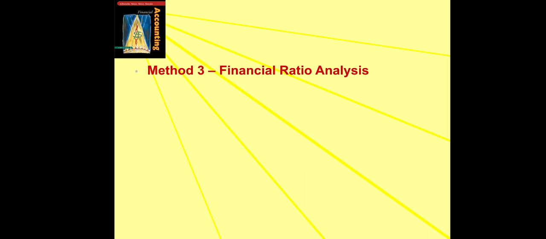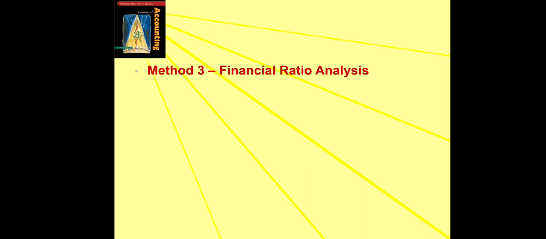For example, if you see the business asset is big or is a lot, then you can say the financial condition is good. Let's say you see a business, and in the income statement the business is making profit, then you can say the business is good. That is the general conclusion.